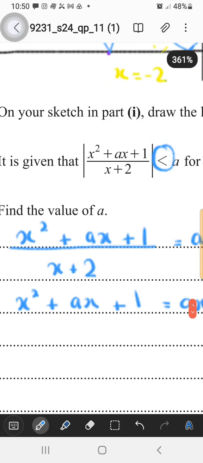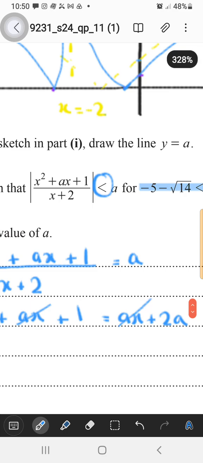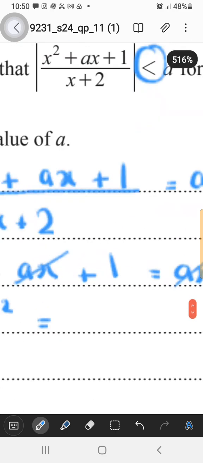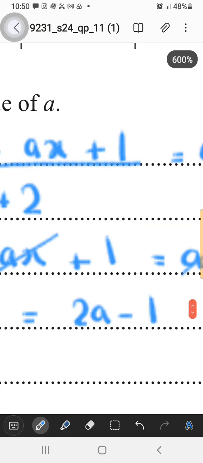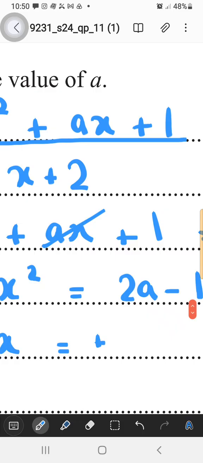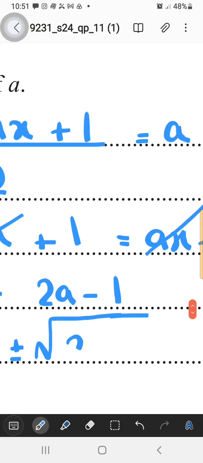If we notice, this ax and this ax will get cancelled and it becomes x square is equal to 2a minus 1, and I can write x is equal to plus minus under root 2a minus 1.